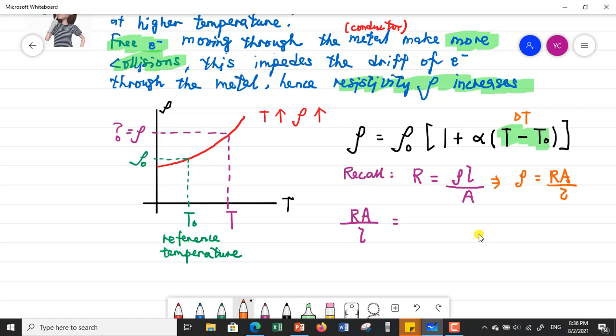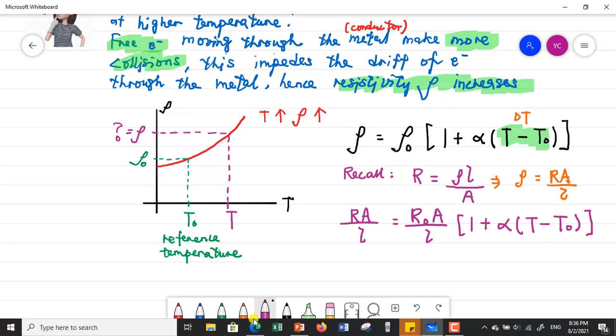So I put it in. The resistivity at reference temperature will relate with the resistance at the reference temperature: R naught A over L, then in bracket 1 plus alpha, T minus T naught.